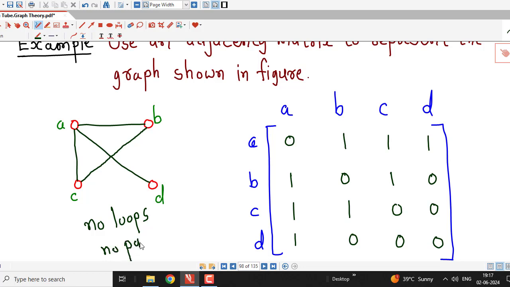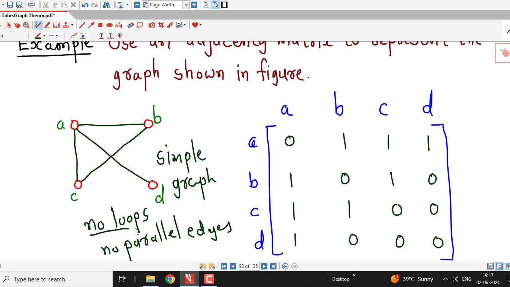There are no loops and no parallel edges in this graph, and therefore it is a simple undirected graph. And whenever our graph is simple, it will have no loops, and therefore all the entries on the main diagonal of the adjacency matrix are 0.